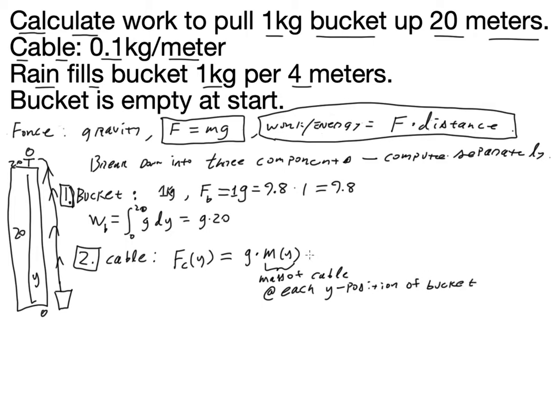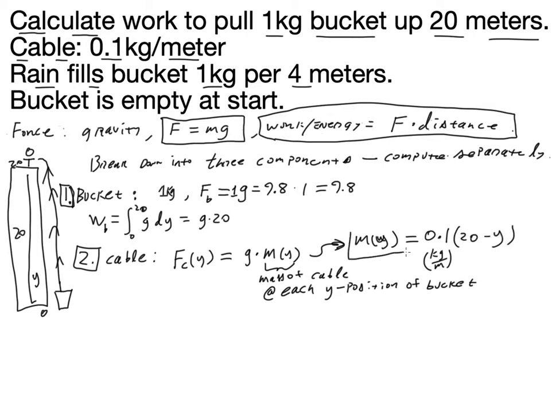Okay, so I would like to figure out what m of y is, and I'll just state it pretty straightforwardly. It's going to be 0.1, in kilograms per meter, times how much cable is out, and we know that's going to be 20 minus y.